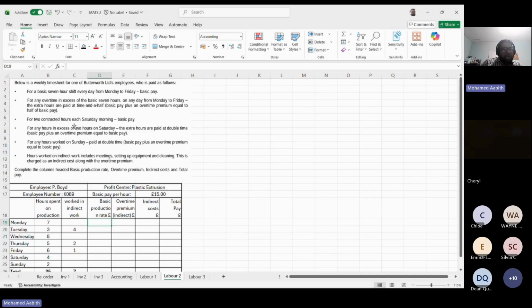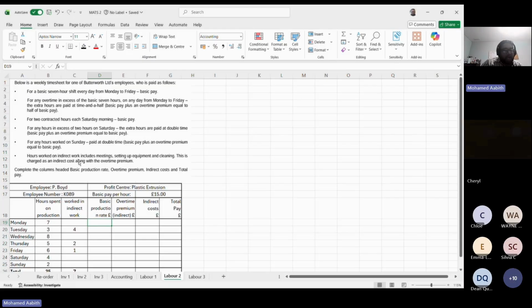The 2 contractual hours on each Saturday morning are basic pay. Any hours in excess of 2 hours on Saturday are paid at double time: basic pay plus an overtime premium of the same amount as basic pay. And any hours worked on Sunday are paid at double rate: basic pay plus an overtime premium equal to basic pay. So that means 15 pounds plus 15 pounds, you get 30 pounds an hour.